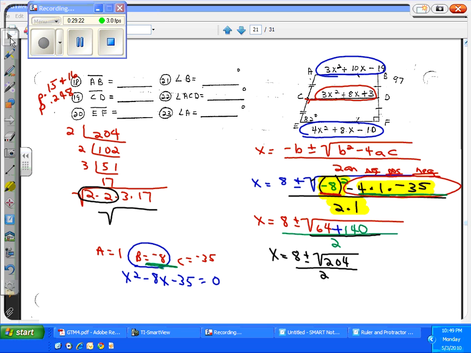Circle sets of 2 for square root, 3 for cube root, 4 for fourth root, etc. From each set, you bring one out. What didn't get circled in a set goes back in. If there's more than one outside or more than one inside, you multiply. So we multiply the 3 and 17 on the inside back together, and we get 51. And so that simplifies into 2 square roots of 51.